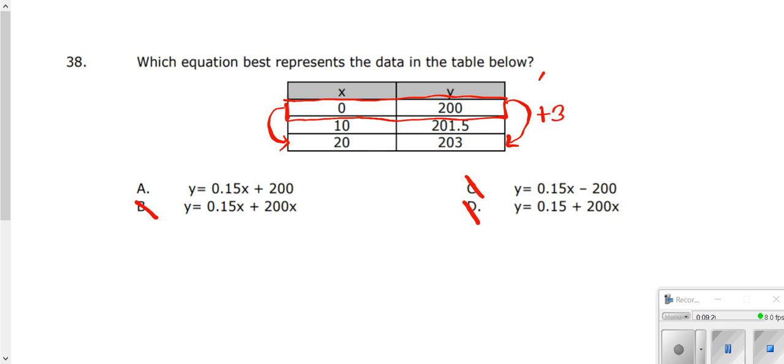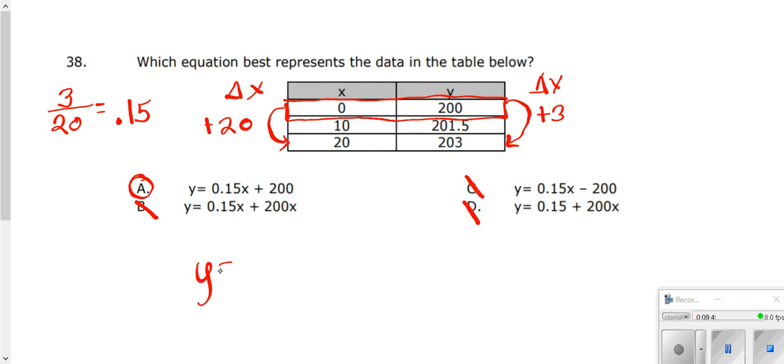My change in y is plus 3, and the change in x is 20. So I'll have 3 over 20, which gets me 0.15. So A would be my answer if I write it in y equals mx plus b: 0.15x plus 200, my slope and my y-intercept.